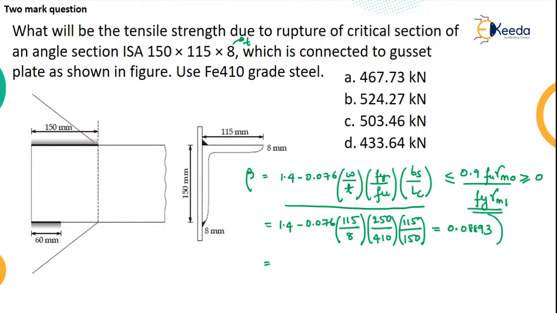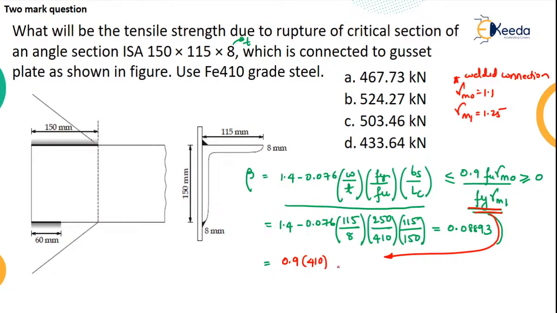Okay, so let me do one thing, change the color and do it so that will be easy for you to understand. Right, so 0.9 Fu is 410, gamma m0 is 1.1 and gamma m1 is equal to 1.25 for welded connection. Okay, so keep this as a standard, you should remember it. So it's 1.1 whole divided by 250 into 1.25. So this is coming equal to 1.29888.